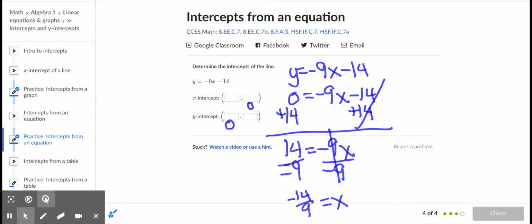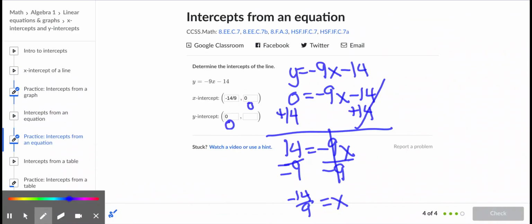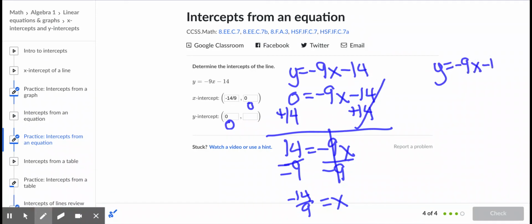I'm going to go ahead and type that in up here. Negative 14 ninths and a 0 there. And now I'm going to do the same thing. I'm going to go ahead and plug in my 0 here. When we find the y-intercept, remember we have to plug in a 0 for our x. So I have y is equal to negative 9x minus 14.